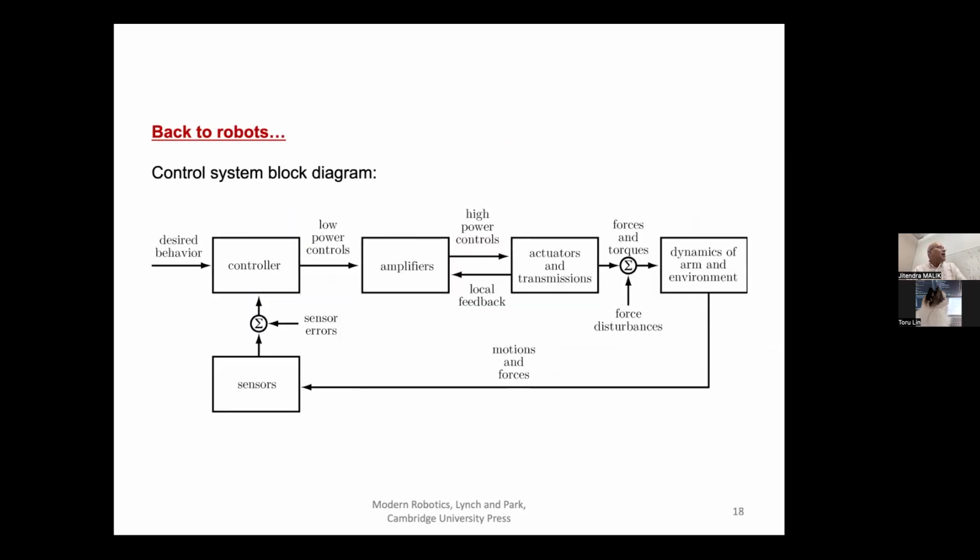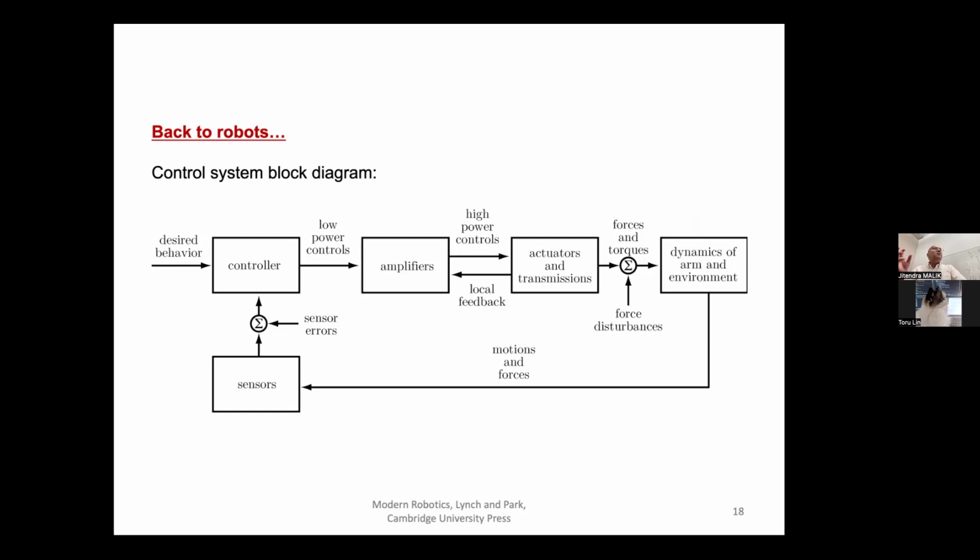Okay, so now let's go back to robotics. So with this little intro to control, let's go back to robotics. This is how the block diagram looks for a robot that we might have in the lab upstairs. So there is a desired behavior, the controller, then there are some amplifiers, actuators, and transmission.